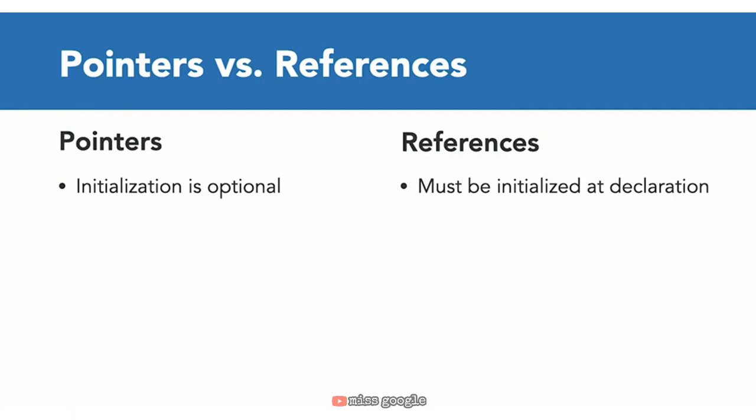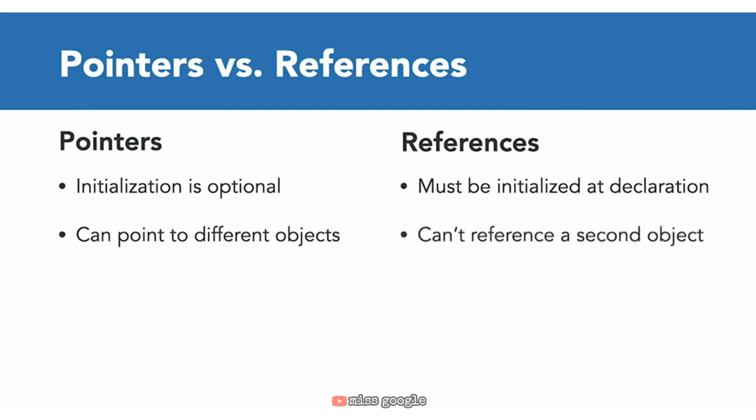That's not the case for uninitialized pointers. Pointers can point to different objects. That is, you may use the same pointer to point to one variable, then make it point to another variable, and so on. On the other hand, references can't reference a second object. They are stuck with the object that was assigned to them at declaration.